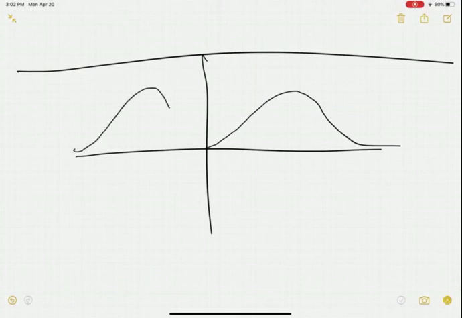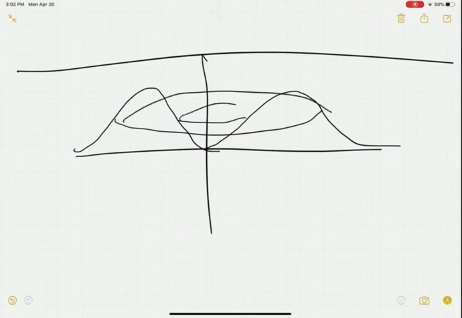Okay, so we would get an object like this. If we tried discs and washers, the washer would look like this. The outer radius and the inner radius would be coming from the same curve, which wouldn't work out. So this one, we would need to use cylinders instead. So that's a good criteria for when to use one or the other. If the outer radius and inner radius are coming from the same function, we should definitely use cylinders.